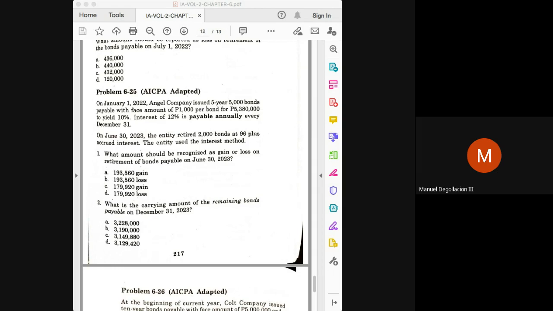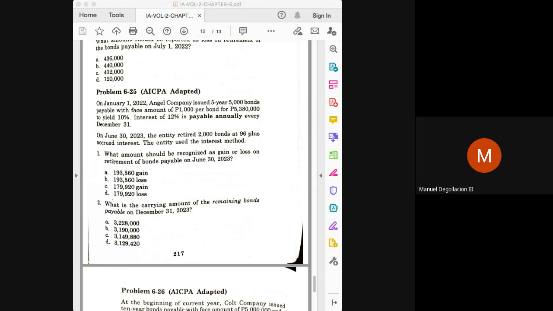Next, compare this with the supposed fixed interest attributable to this portion. 2 million bond times 6%. 6% only, not 12%, because again, we are only computing up to June 30. Okay, so 2 million times 6%. That's 120,000.